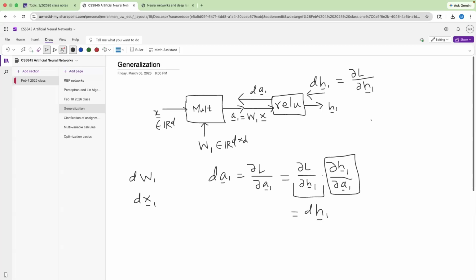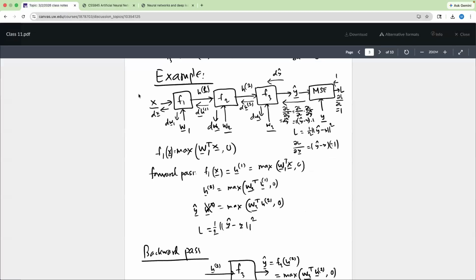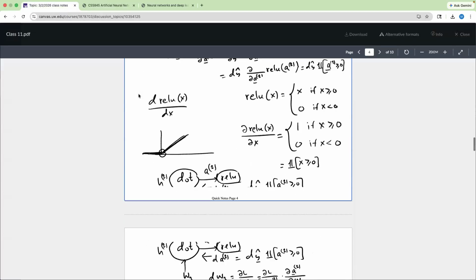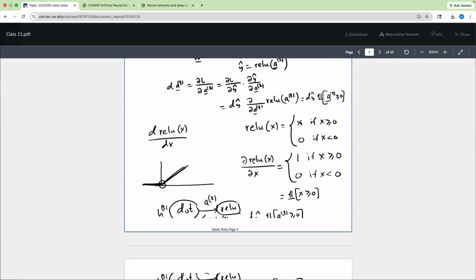If you remember what ReLU was, you can just look back here. ReLU of x is x if x is greater than or equal to 0, and 0 if x is less than 0. So if you differentiate, then if x is positive, the derivative is 1, otherwise it's 0. So it's just the indicator function, the indicator of x greater or equal to 0.